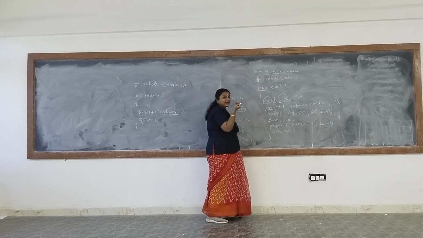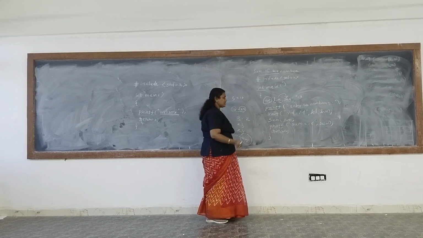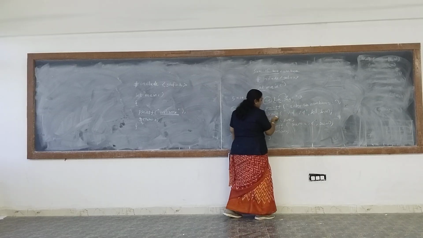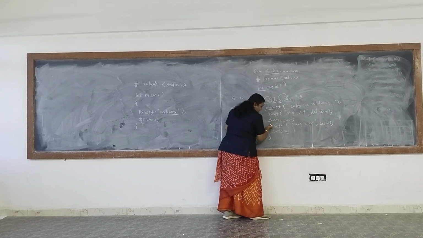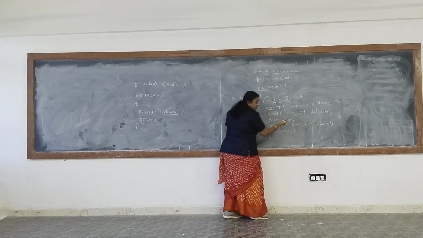This printf is for getting the input from the user. This scanf is for feeding the input, and then which operation, addition operation, we just add these two variables.